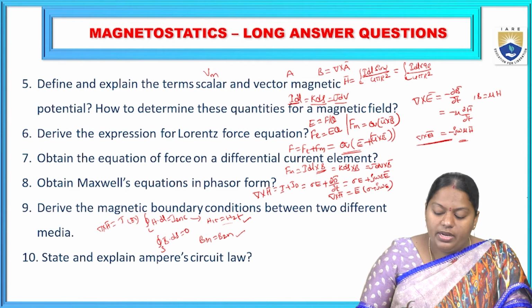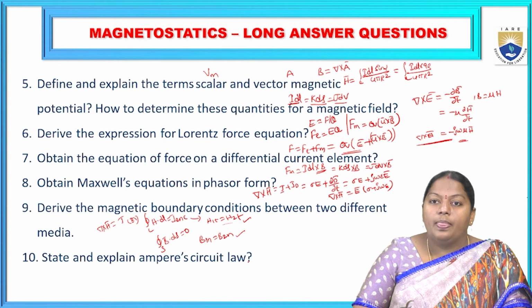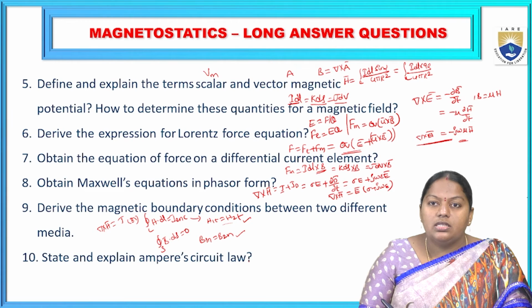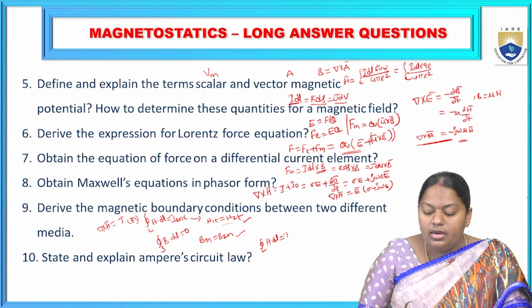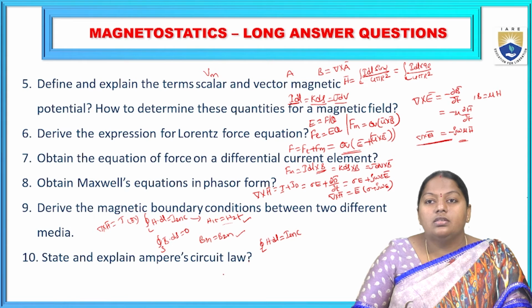Then state and explain Ampere's circuit law. Ampere's circuit law states that the closed line integral over L of the magnetic field intensity, H dot dl, is the same as the net current enclosed by that surface.